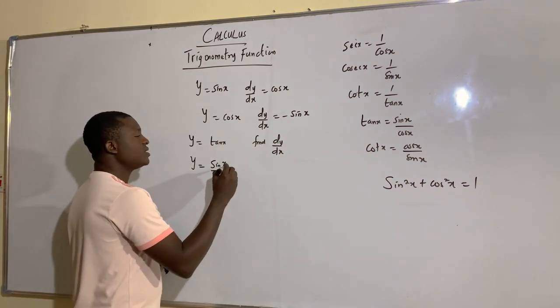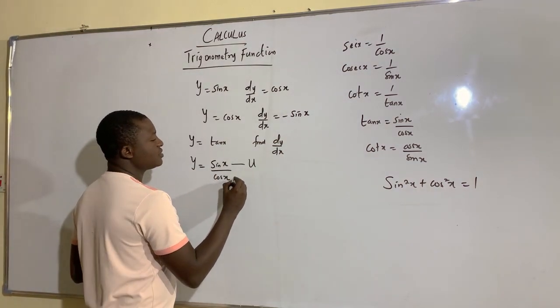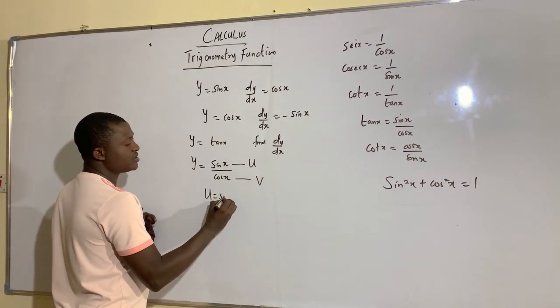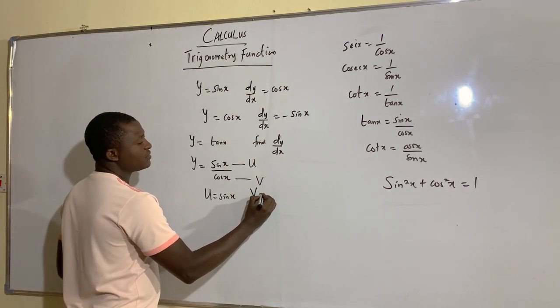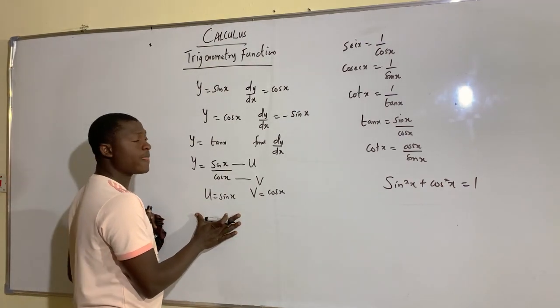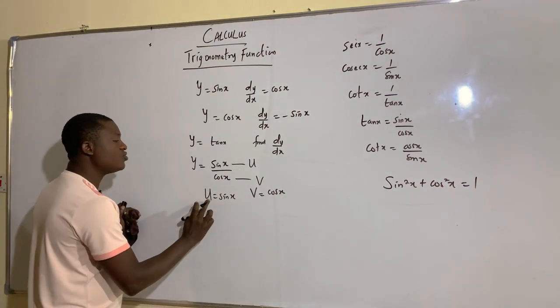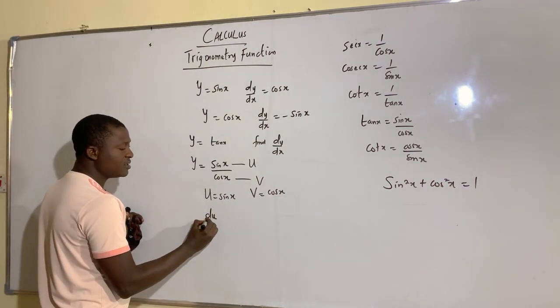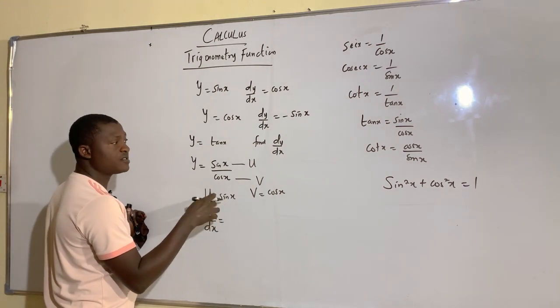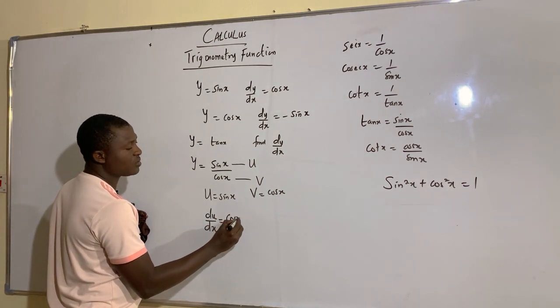Yeah, the quotient rule. So this is my u, and this is my v, which means u is equal to sin x and v is equal to cos x. I will differentiate the first one and the second one. So du over dx: the differential of sin x is cos x.